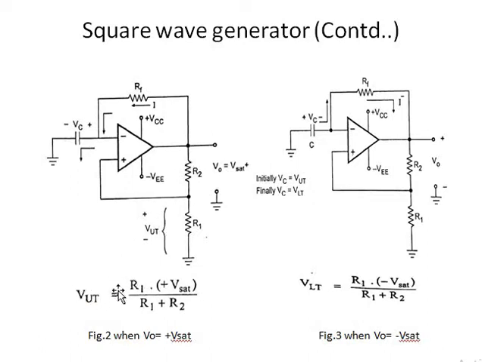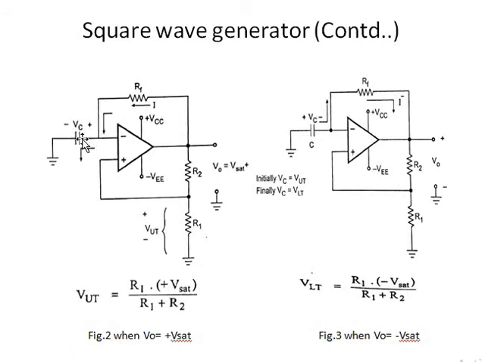So the upper threshold value will be less than positive V saturation due to the multiplication factor. So when the capacitor voltage Vc increases and reaches this VUT, what will happen?